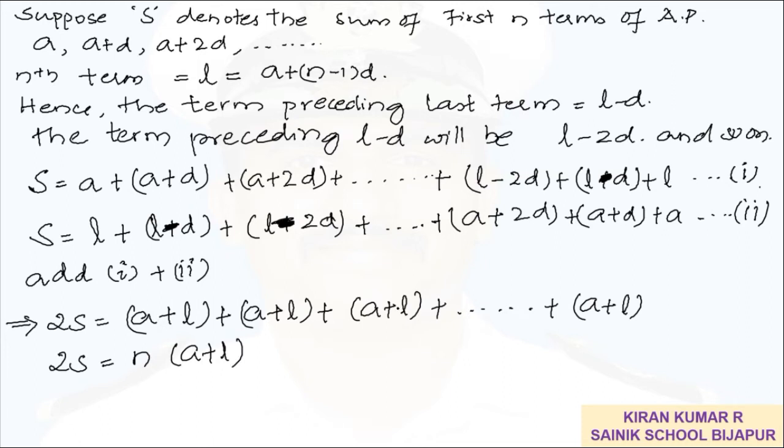If 2 is added 3 times, I'll write it as 3 times 2. If 2 is added 5 times, I'll write it as 5 times 2.